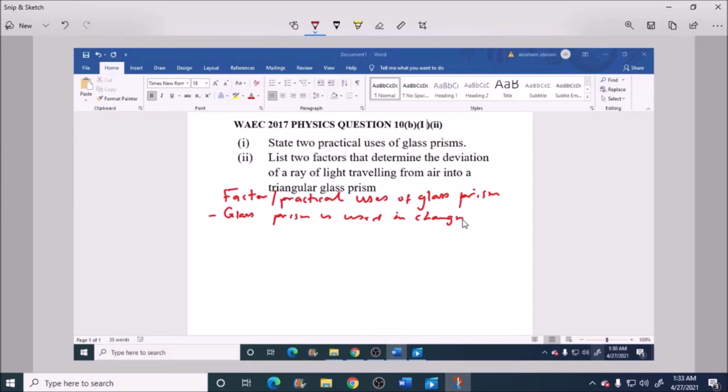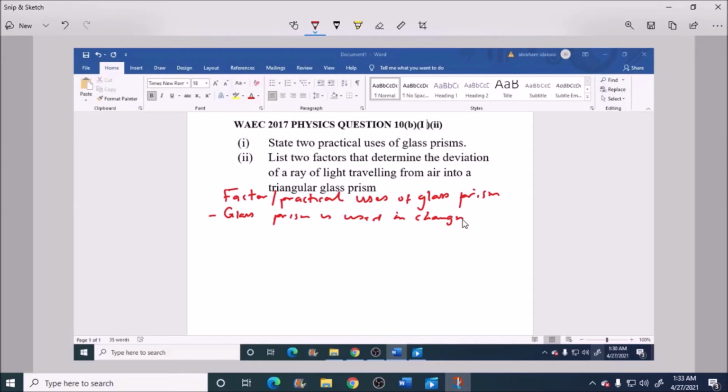And then secondly, it is used in viewing distant objects.